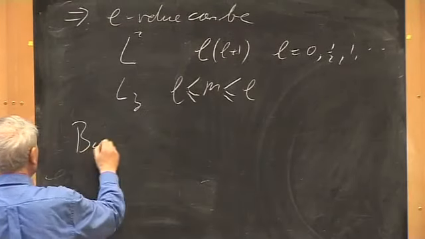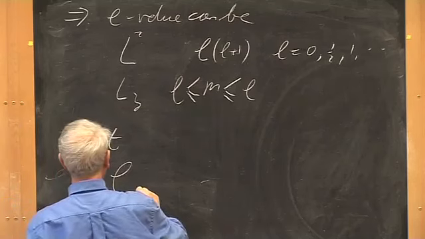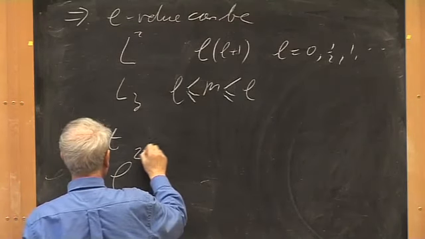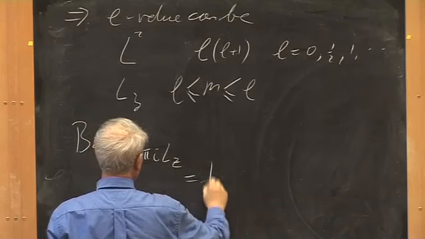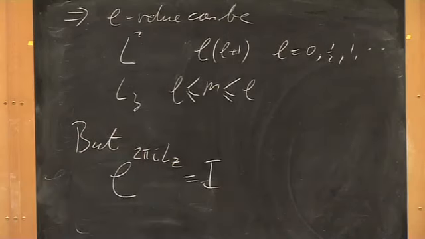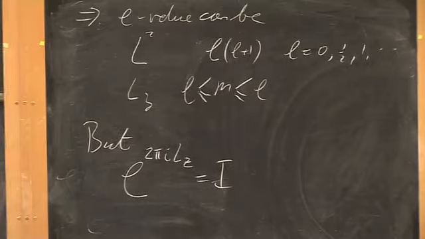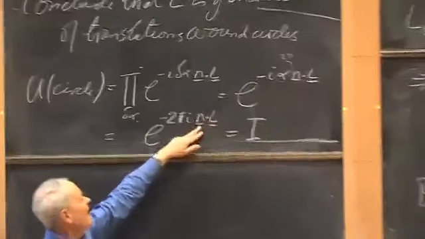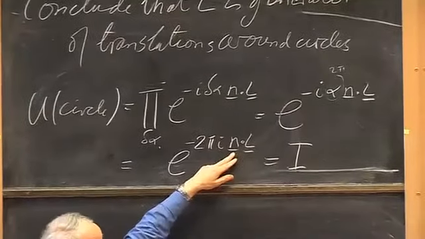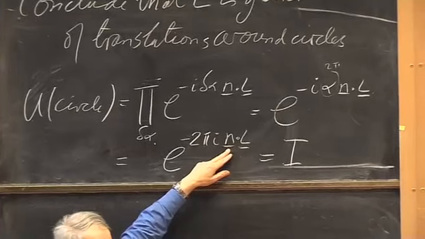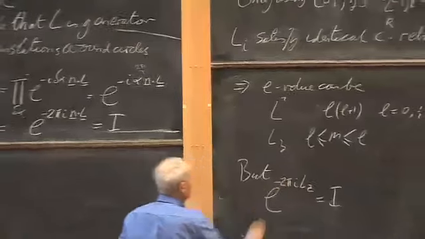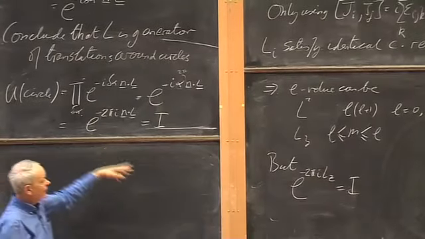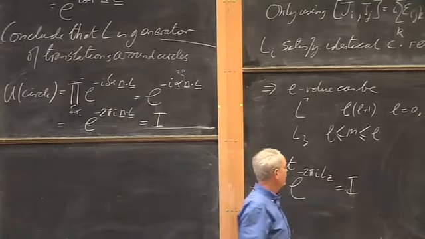But e to the minus 2 pi i Lz has to be the identity operator. We've just shown that. That's this statement with n put equal to the unit vector in the z direction. Okay, so actually I need a minus sign. So we have that this thing has to be the identity operator.